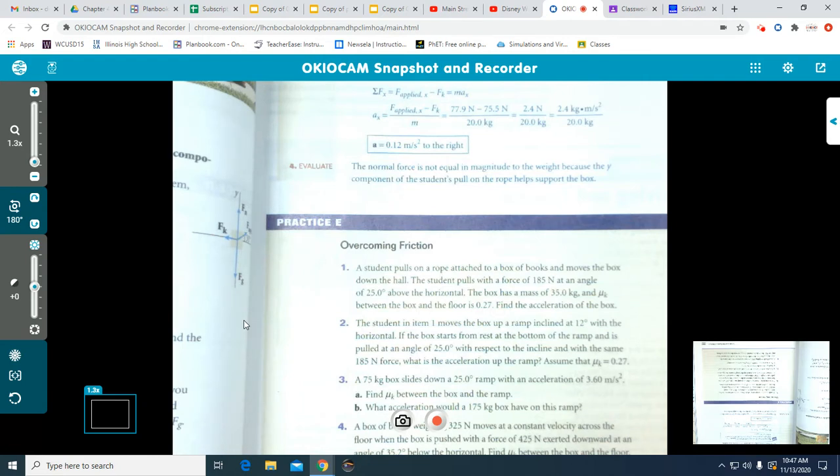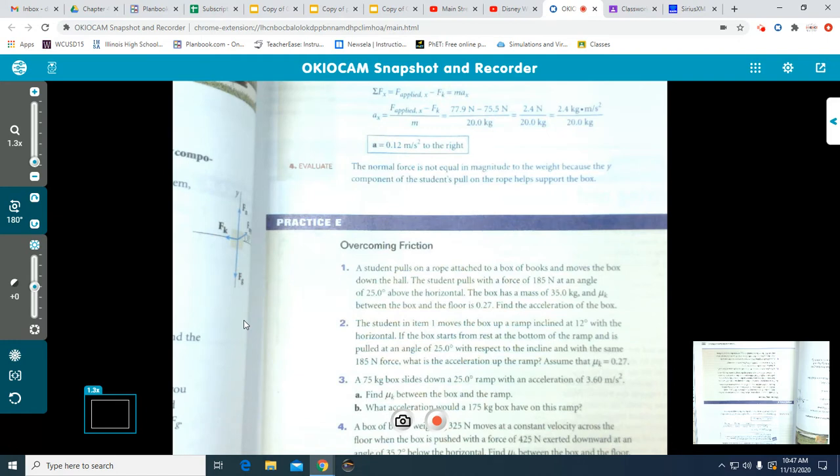The student pulls with a force of 185 newtons at an angle of 25 degrees above the horizontal. The box has a mass of 35 kilograms and a coefficient of kinetic friction, mu k, between the box and the floor of 0.27. Find the acceleration of the box.